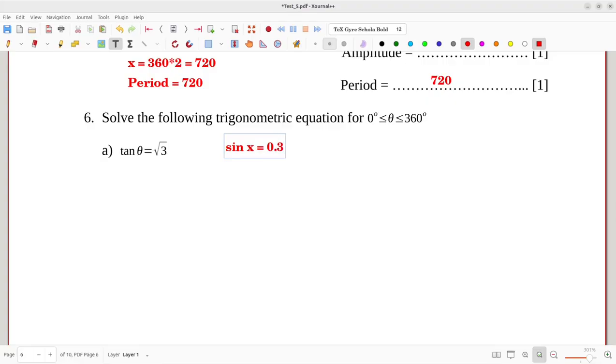The ratio is isolated. From there, find the reference angle, which is going to be the arc sine of 0.3. And then this is going to give you what we call a reference angle.